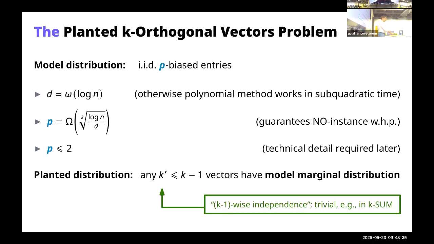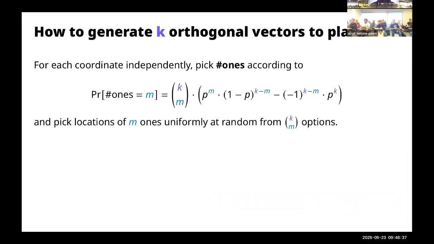Okay, so let me tell you about how I want to sample k vectors that are orthogonal. I can do it coordinate by coordinate. And for each coordinate, I want to first decide how many ones are going to be there. It has to be less than k, so a number between 0 and k-1.